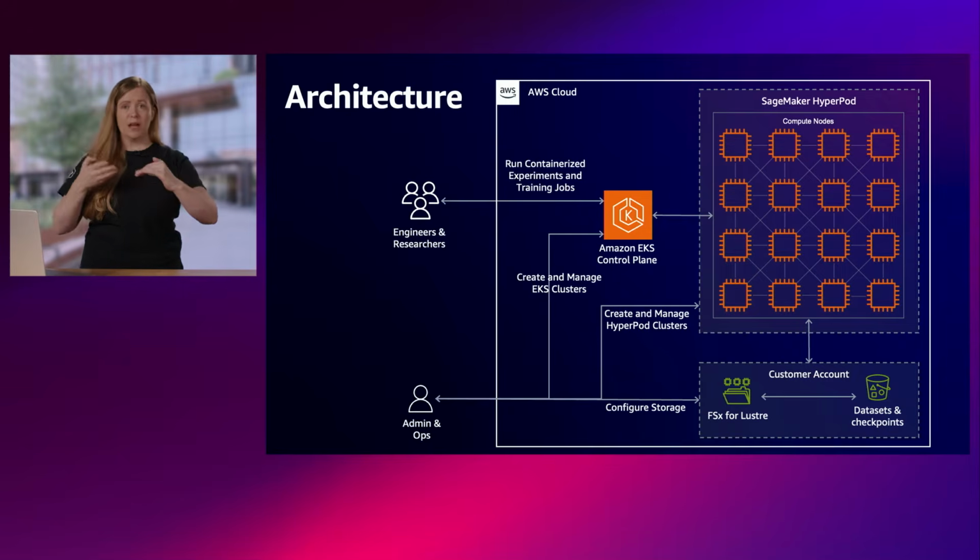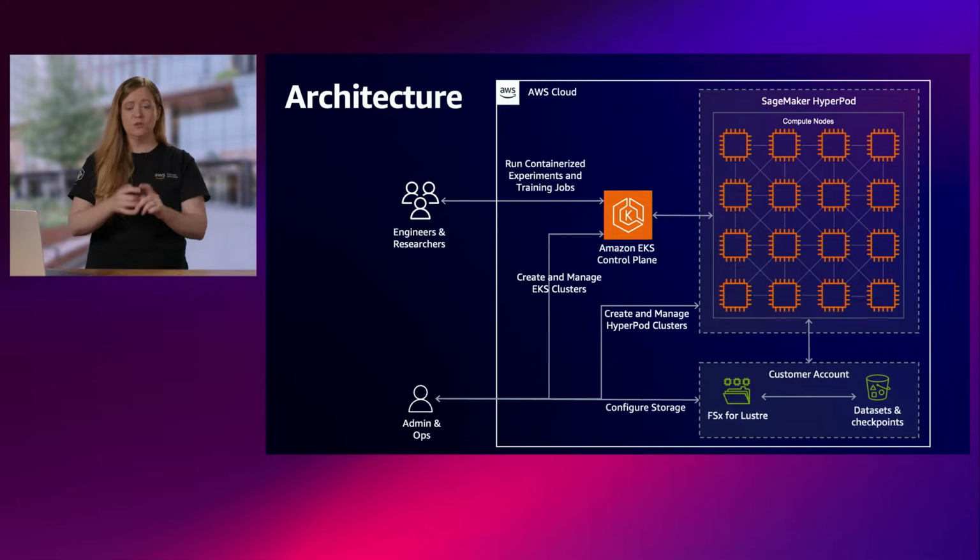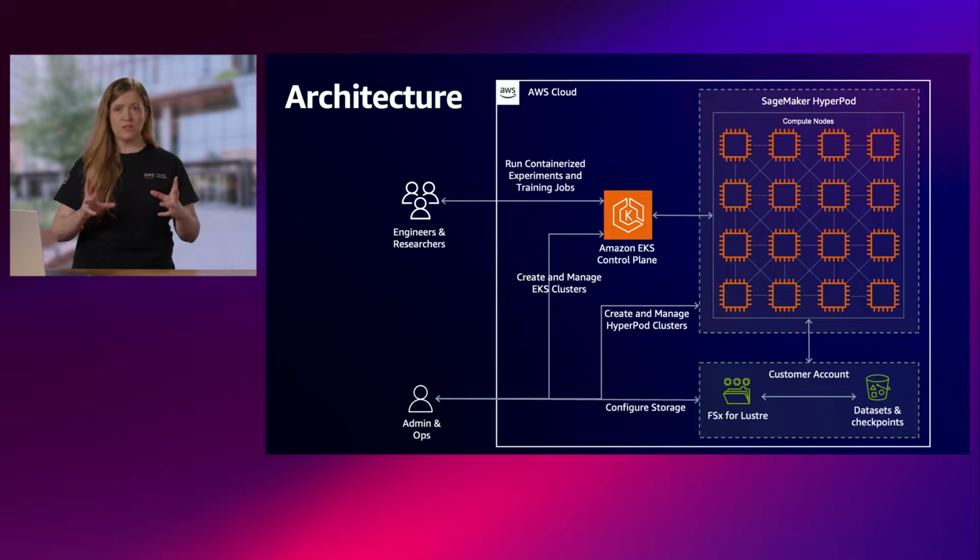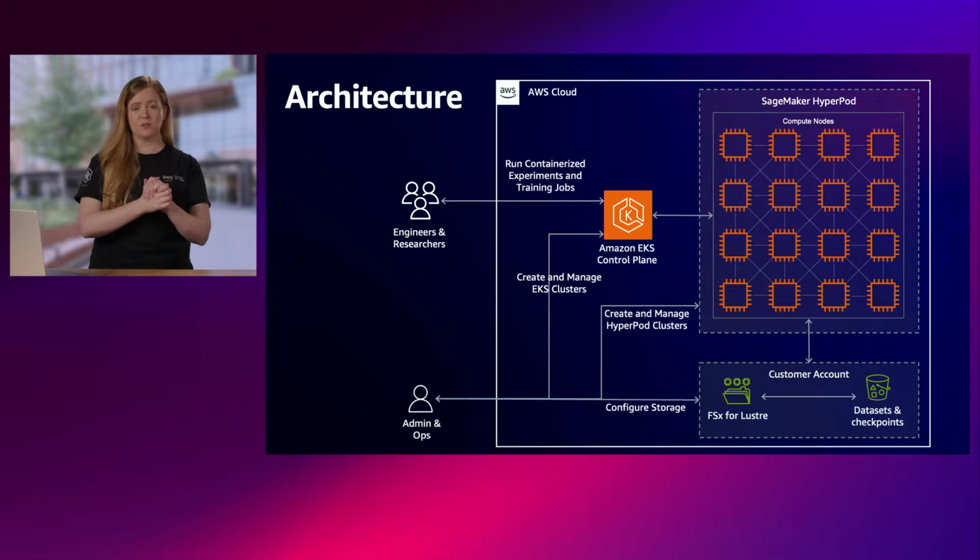Now, in order to provision SageMaker HyperPod and in order to launch jobs on SageMaker HyperPod, we're going to do that through the control plane of Amazon EKS. Amazon EKS is a managed Kubernetes service that enables you to use common Kubernetes control flows like pods in order to provision resources and launch jobs on those resources.